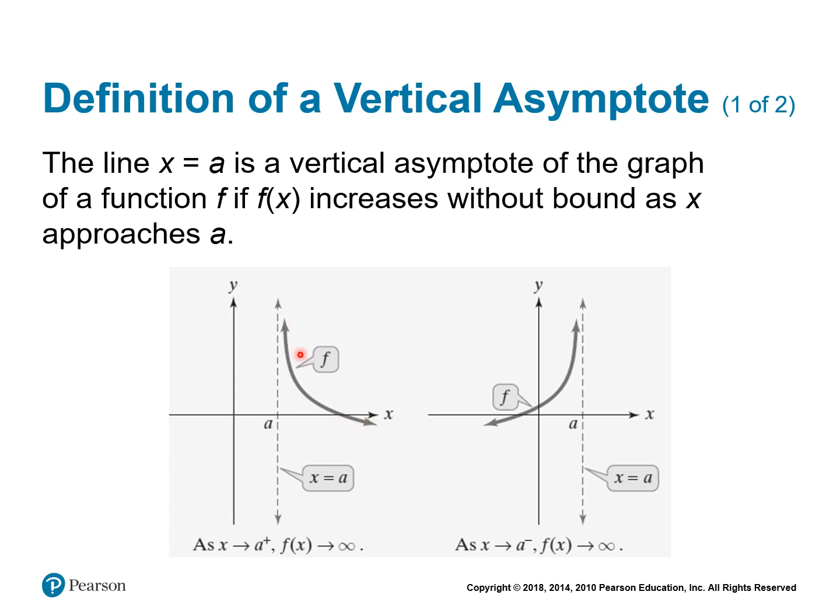Now we see over here that the graph is approaching the line x equals a, this vertical dashed line, from the right-hand side, and as it approaches the vertical line, it rises without bound. That means this graph is heading towards positive infinity unrestrained.